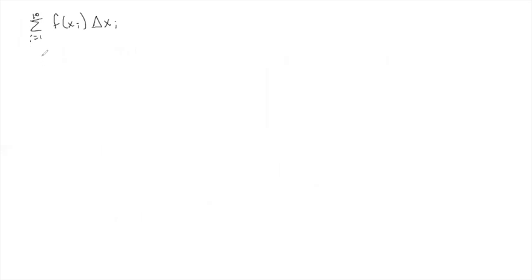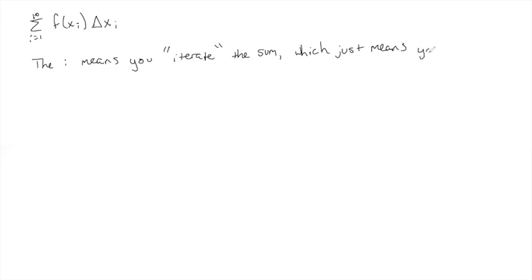Okay. Now, the i means you iterate the sum, which just means you plug in i equals 1, then i equals 2, then i equals 3, then i equals 4, dot, dot, dot, then i equals 10.